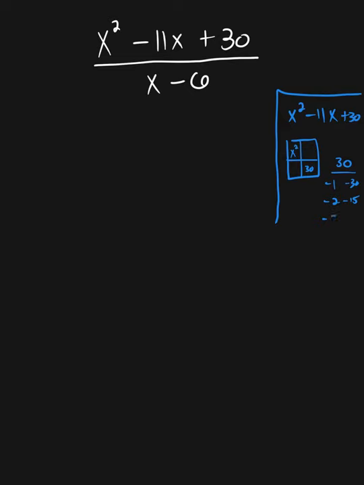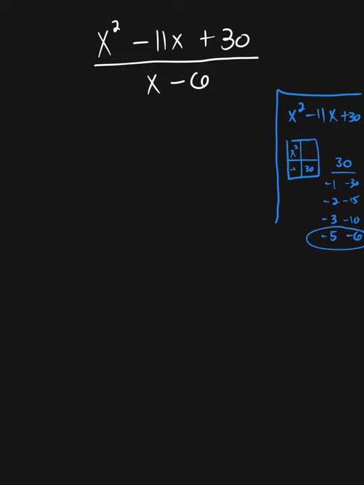Negative 3 and negative 10. No, that doesn't quite get us to negative 11. That's negative 13, but we're close. Negative 4, 4 doesn't go into this very nicely, but 5 does. Negative 5 and negative 6. Oh, hey, look at that.